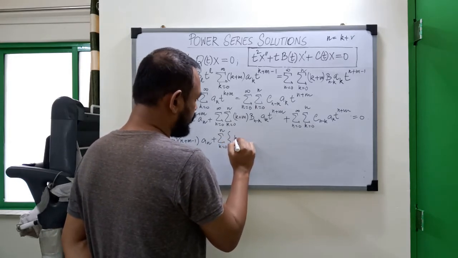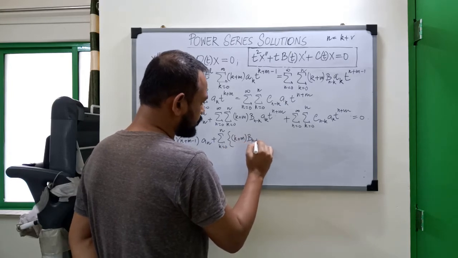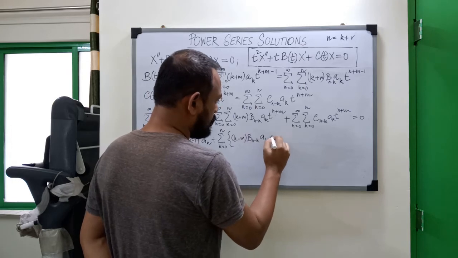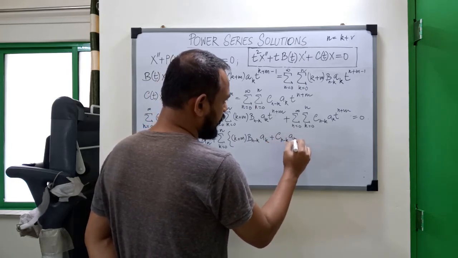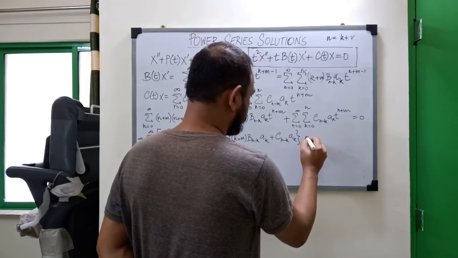So I will have (k+m) b_{n-k} plus c_{n-k}, with the a_k's.